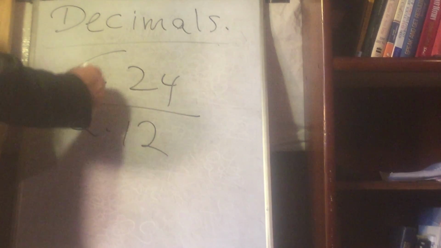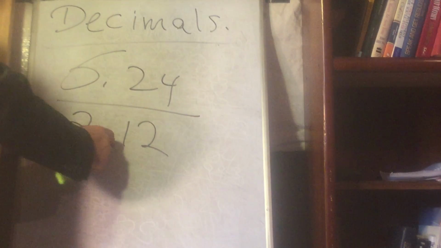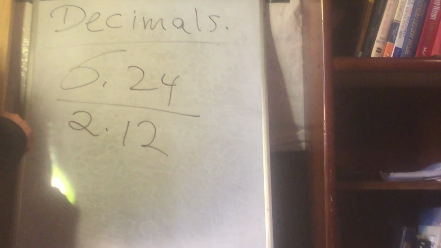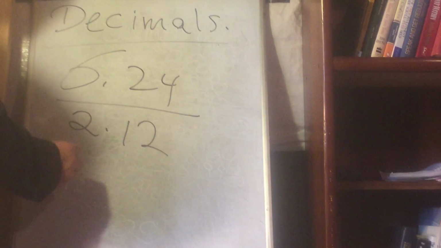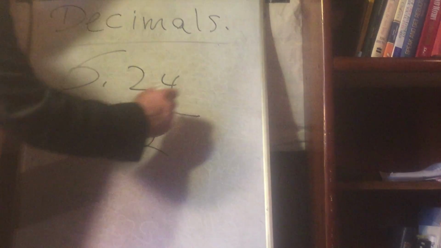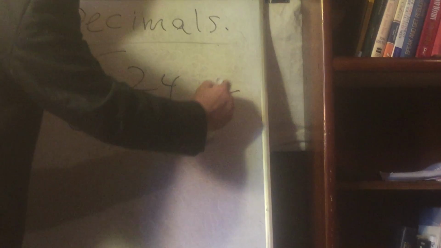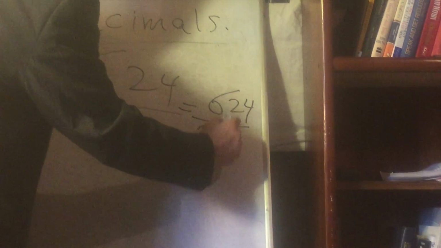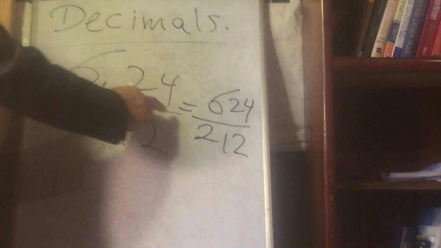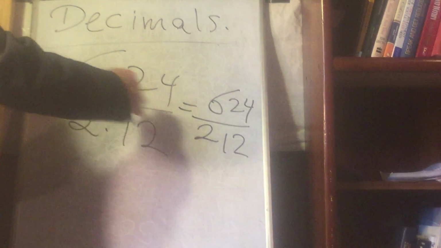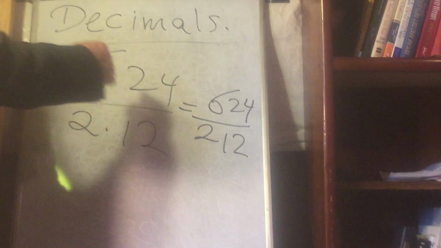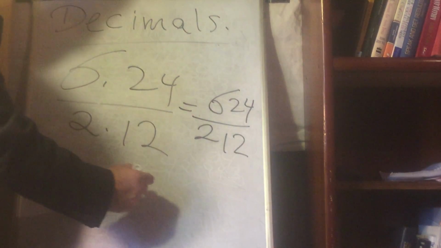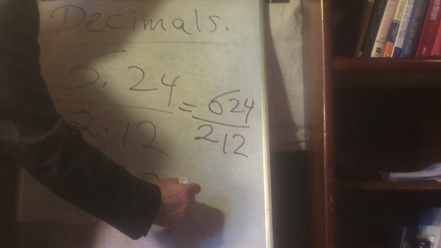This number is divided by this number, right? Fraction or division, the same thing, okay? 6.24 divided by 2.12 is equal to 624 divided by 212. Those two fractions are the same, and the answer for both of them is 2.943.